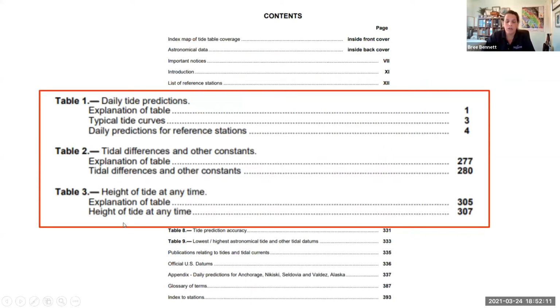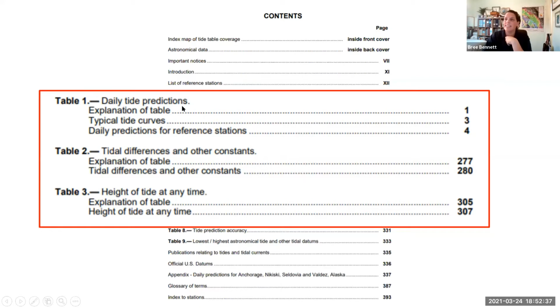So our 3 tables are, the first one, our daily tide predictions. Those are literally daily for certain places. Then we have table 2, our tidal differences, which I'll explain in a minute. And then table 3 is getting the height of tide at any time.